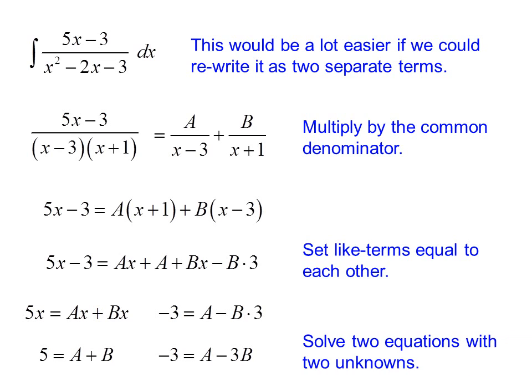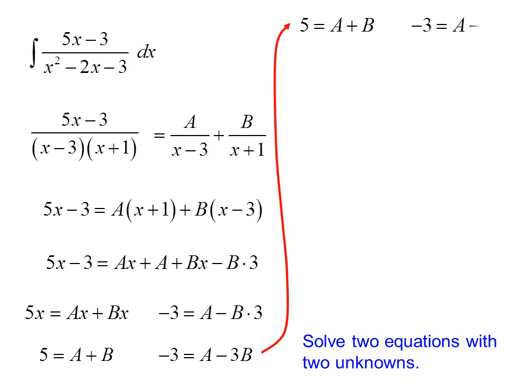Now we have two equations and two unknowns. So we can solve this system of equations. If we put the second equation under the first, then we can add the two equations together and get 8 equals 4b, or 2 equals b.